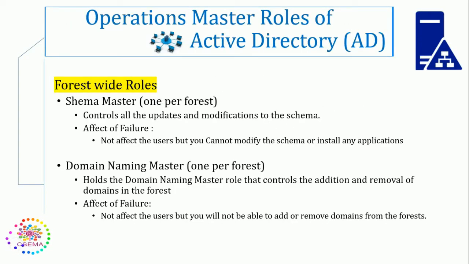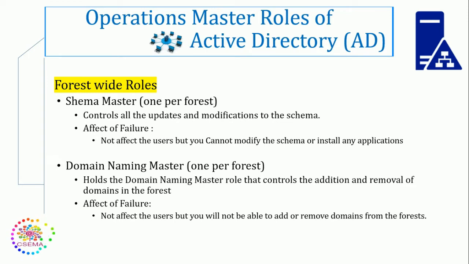First, we will talk about the forest-wide roles. The first one is the schema master role, which is one per forest. A schema master role owner is the domain controller that is allowed to make updates to the schema. No other server can process changes to the schema. If you attempt to update the schema on a DC that does not hold the schema master role, the DC will return a referral to the schema master role holder.